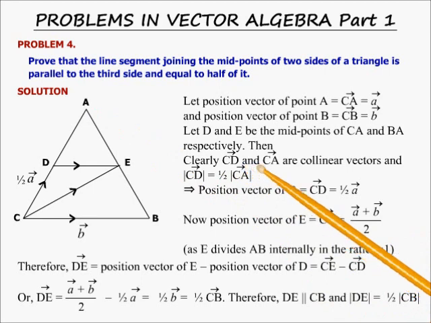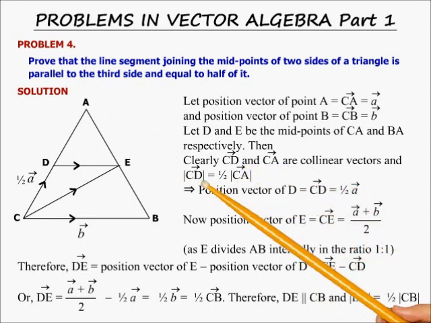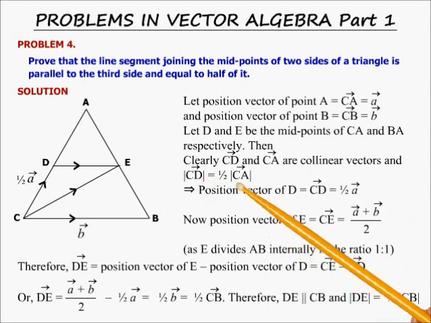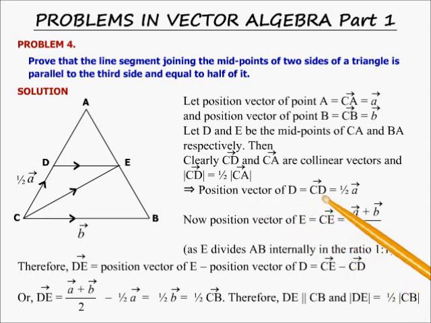Clearly, CD and CA are collinear vectors, and because modulus of CD is equal to half of modulus of CA, therefore position vector of point D, which is vector CD, is equal to half vector A.